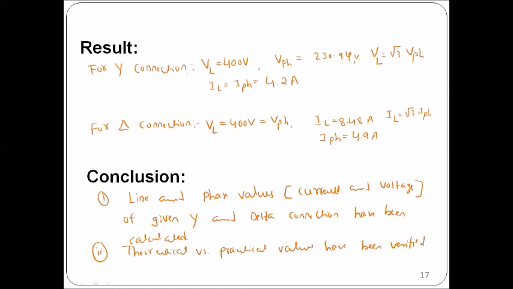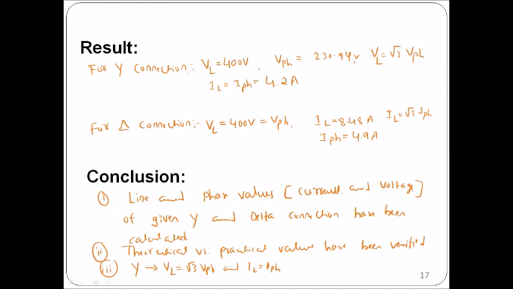and it is also proved from this experiment that for star connection VL is equal to root 3 V phase and IL equal to I phase.